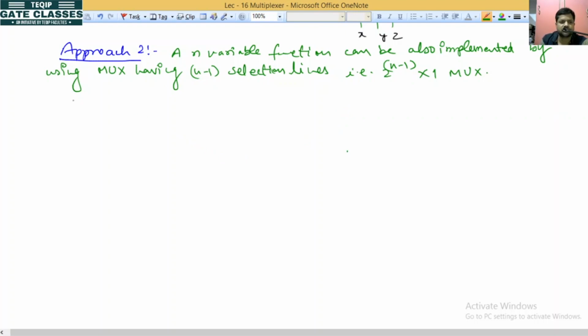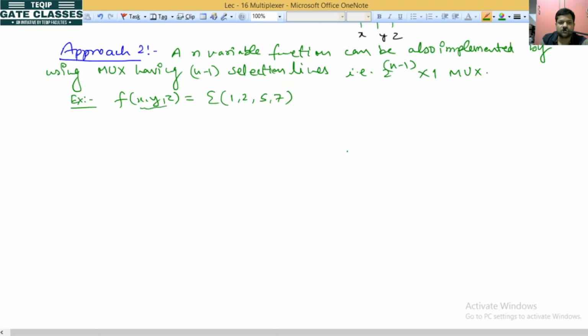Suppose the example is same as the previous one. So the example is f(x,y,z) = summation of 1 to 5, 7. Okay?